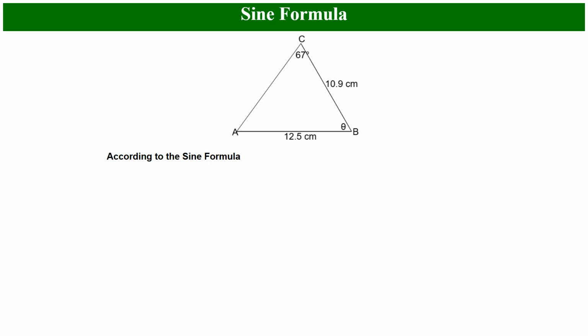Once we have angle A, we can get angle theta, knowing that the three angles, A, theta, and 67 degrees, add up to 180 degrees. So let's start with the sine formula. And here, what will it be? See if you can write something down.